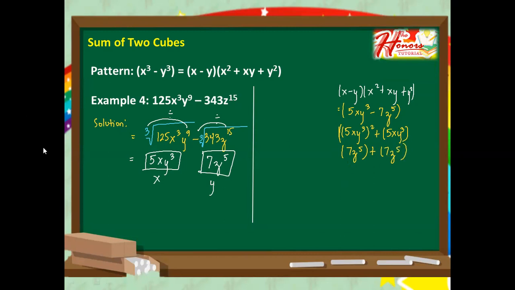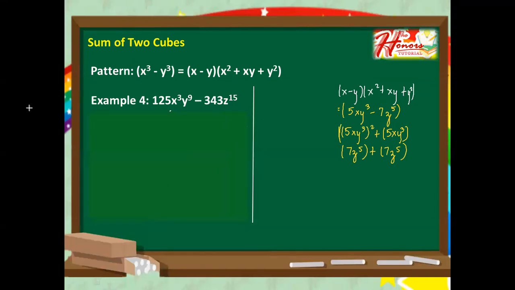Then let's continue solving. Let me just use this right side so that I may write better here and solve for the following. So we have here the quantity of 5xy cube minus 7z raised to 5 times the quantity of 5 squared, that is 25, x raised to 2, that is x squared, y cube raised to 2 is y raised to 6 because you have to multiply the exponents.